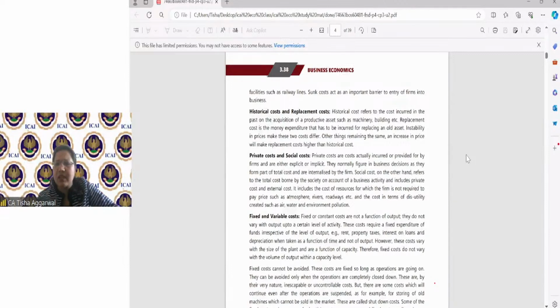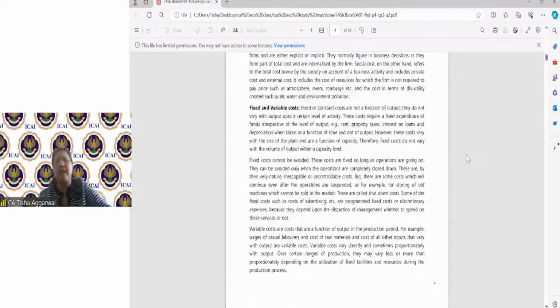What is a fixed cost? It is a cost which is fixed. For example, if I am renting this space to deliver a lecture to ICAI students, be it 5,000 students behind the screen, be it 5 lakh students behind the screen, I give, for example, 100 rupees rent. That's a fixed cost. But let's say I have to print notes and send them to you.